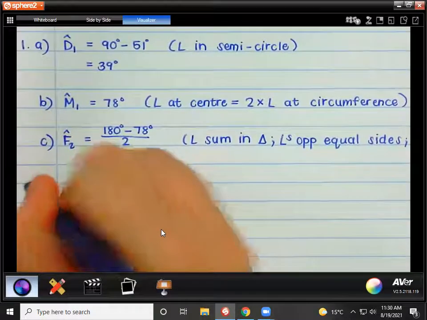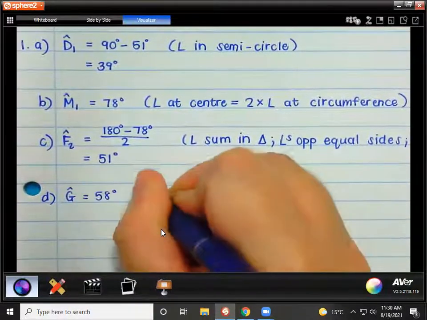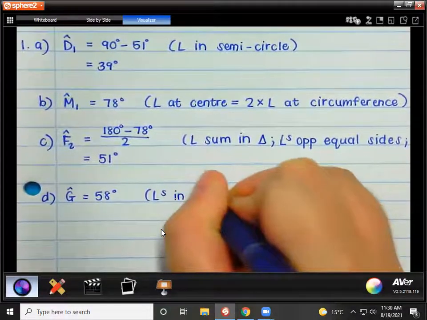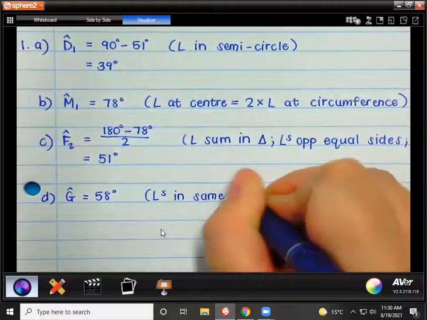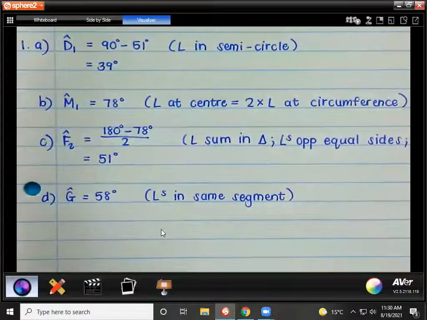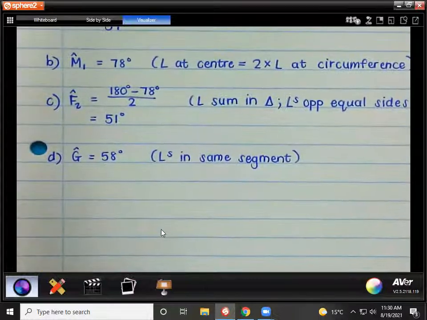So that is D, angle G is 58 degrees, angles in same segment. No, you don't have to. You can literally just say angles in same segment.